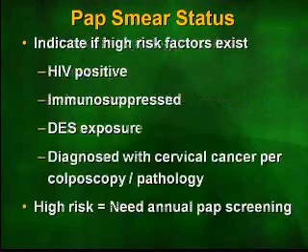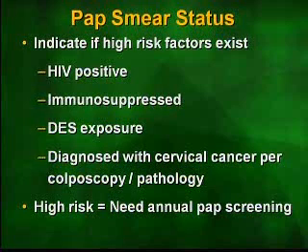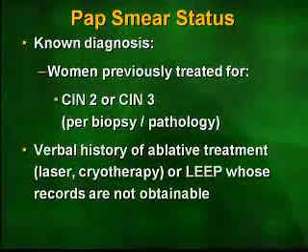And we're looking for a pathology report, and I'm going to buzz through these because we've already had this, since Lori and Dr. Thomas talked about what makes you high risk. This is a change in our protocol now.